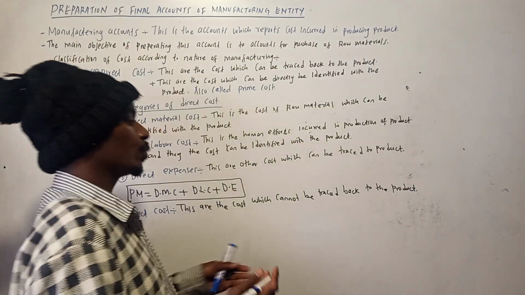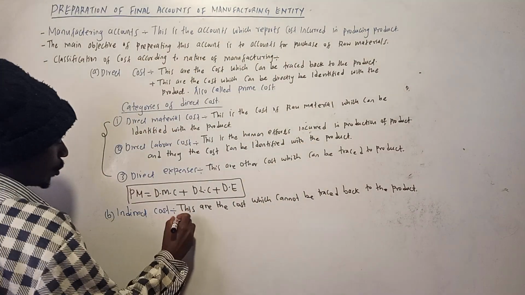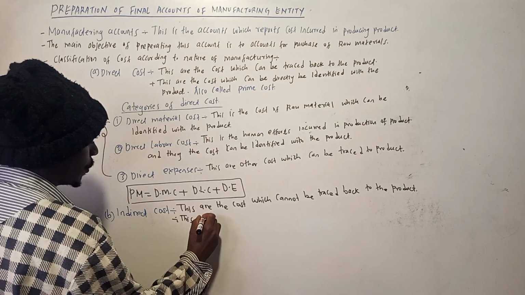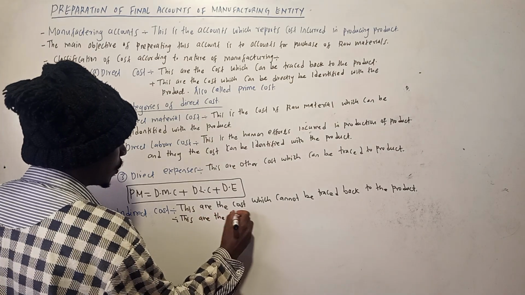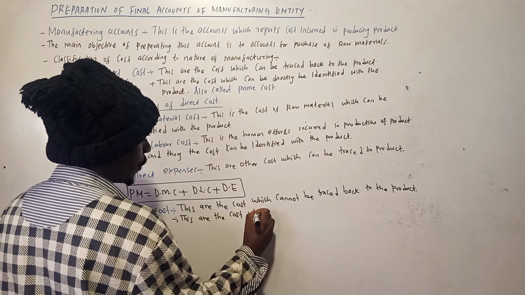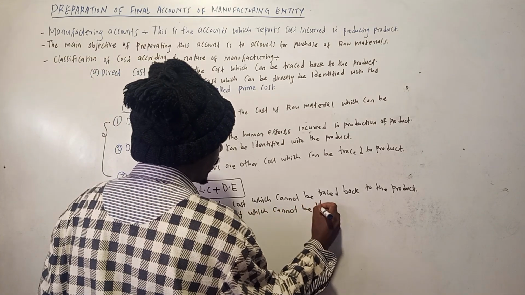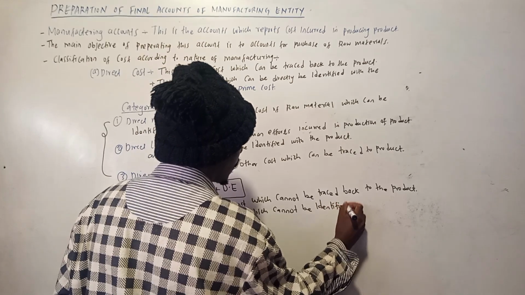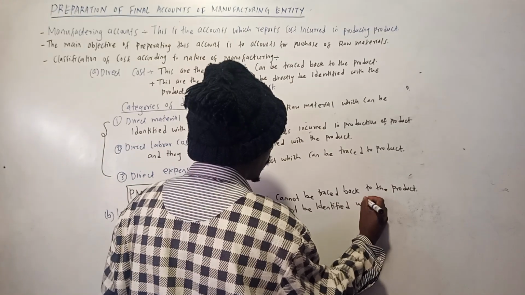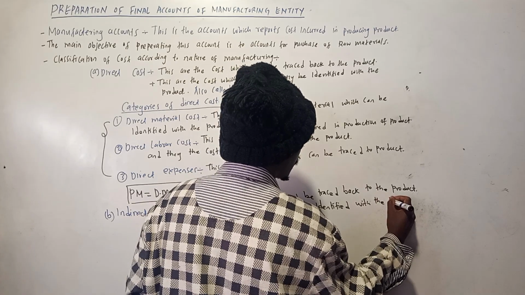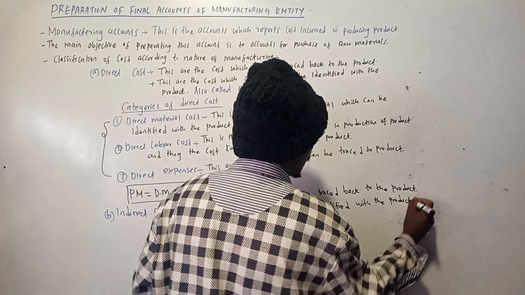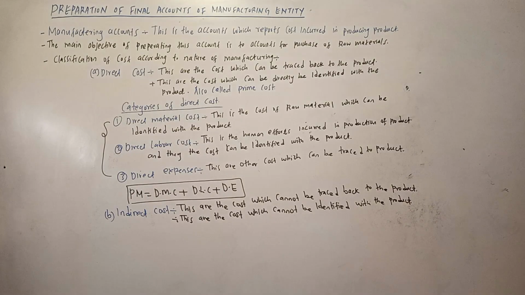Or you can also say these are the costs which cannot be identified with the product. So that's another way you can explain it. They include the following.